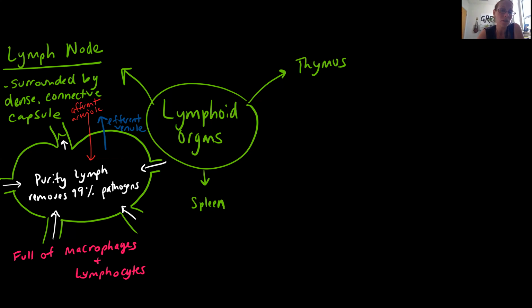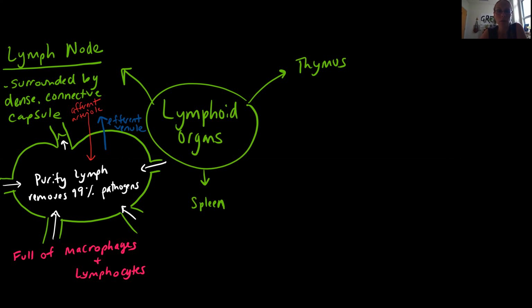So the way I imagine this is our lymph is passing through those lymphatic vessels, and you have these stations or lymph nodes located throughout that lymphatic system. And as the lymph passes through that area, it has to go through this lymph node station, and that's when you're going to be filtering out 99% of any pathogens.